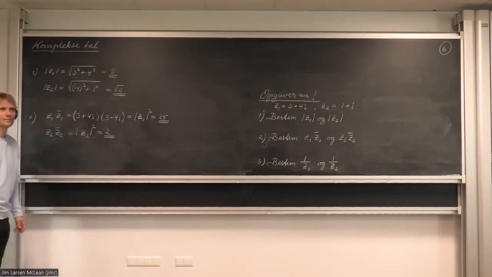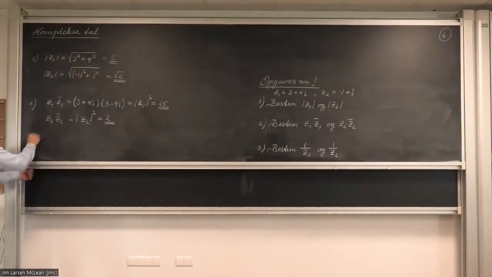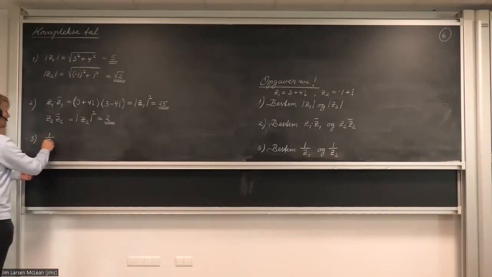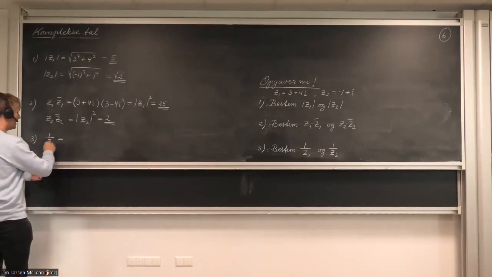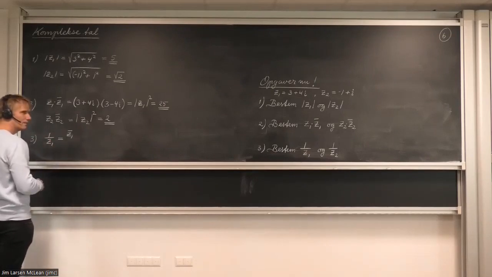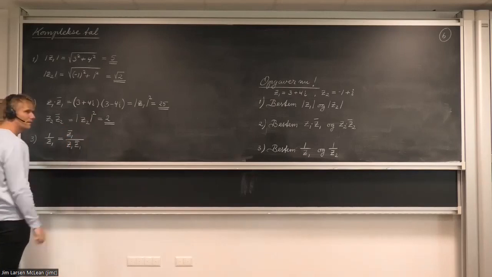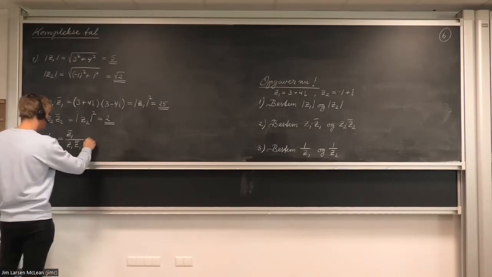Now we come to the last task, where I need to find the reciprocal element to Z1. But we've learned that I just need to multiply the numerator and the denominator by the complex conjugate of the denominator. So that gives Z1 conjugate over Z1 times Z1 conjugate. But Z1 conjugate is easy.